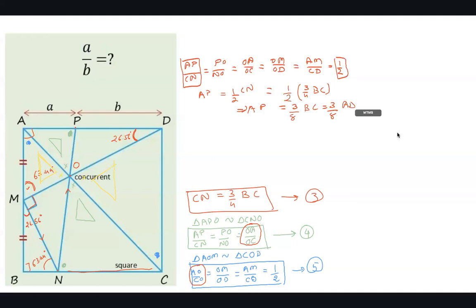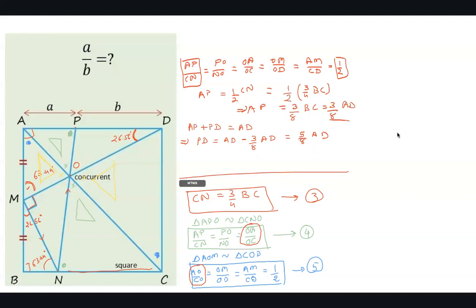Now, why did I say AD? Because AP plus PD is nothing but AD. We have to get the ratio of AP over PD. So we first found out AP in terms of AD, and then we can easily find PD. So that means PD is nothing but AD minus 3/8 of AD, which is nothing but 5/8 of AD.